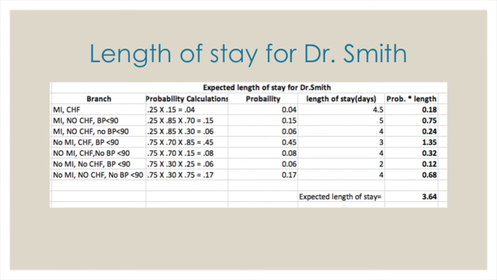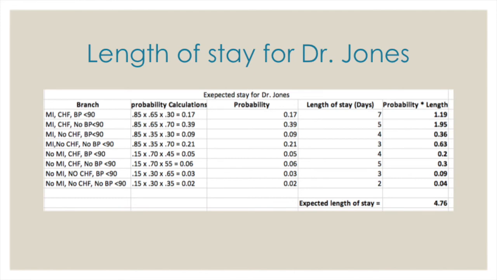You should find that the expected length of stay for Dr. Smith is 3.64 days. So you're going to follow the same steps using the decision tree for Dr. Jones. You're going to do the probabilities times the length of stay, and then you're going to add up all the calculations, and you're going to get that the expected length of stay for Dr. Jones is going to be 4.76 days.